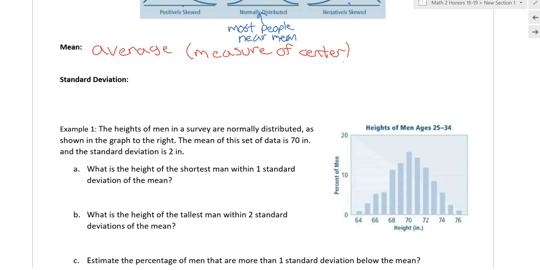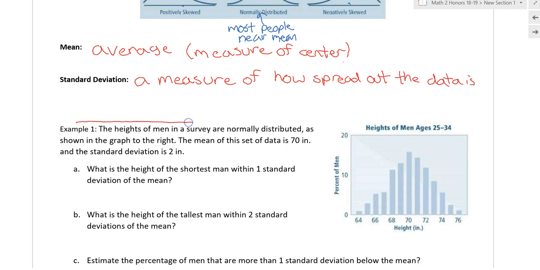And then we have what we call the standard deviation, and this is a measure of how spread out. For example, I draw two normal distributions. I can draw one that looks like this, and I can draw one that looks like this. They're both normal distributions.